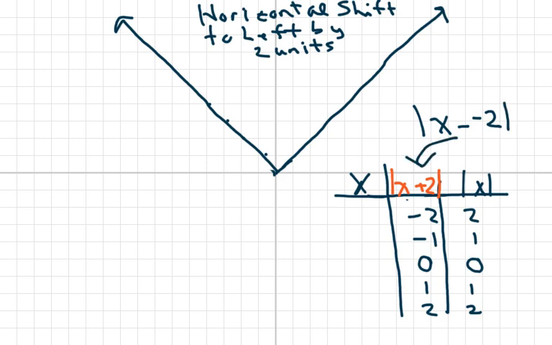I'm going to have to erase this. So I use my normal values for the parent function here, and then what I'm going to do is subtract 2 from this 2 here, and I get negative 4. Subtract 2, I get negative 3, negative 2, negative 1, and 0.